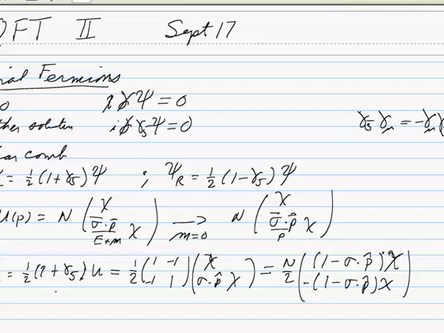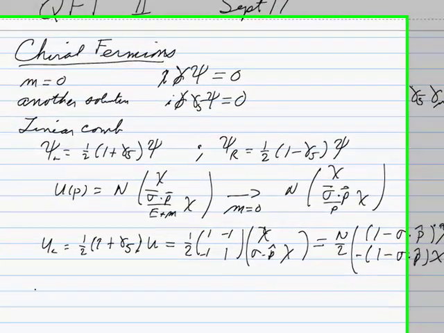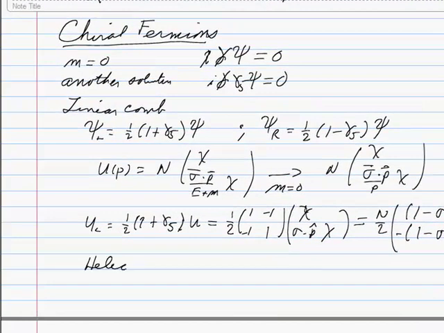But the other thing that's visible there is that if you use the helicity basis, where you quantize the spinor along the direction of motion, sigma dot p hat chi is lambda chi, where lambda is going to be plus or minus 1.